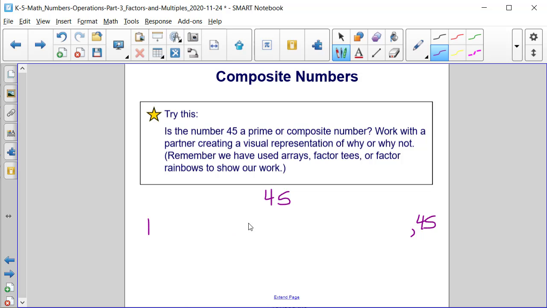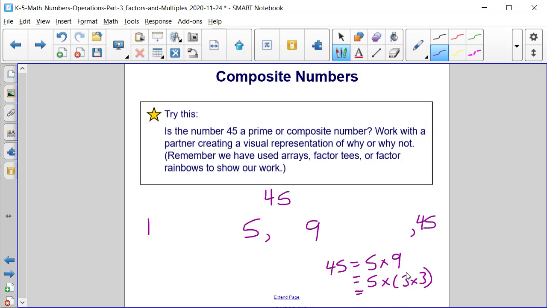Well, it ends in a 5, so I know 5 is a factor. How many times does 5 go into 45? It goes in 9 times. So we could write 45 as 5 times 9. And then we could also rewrite this as 5 times 3 times 3.